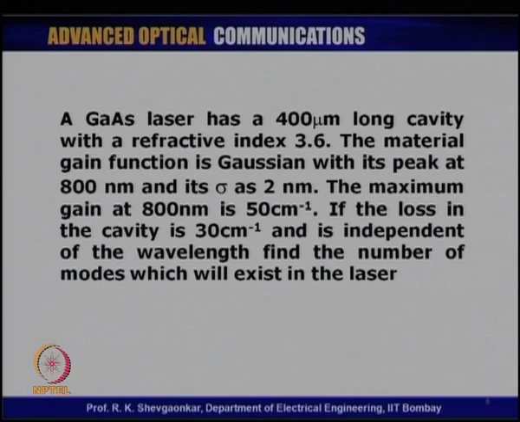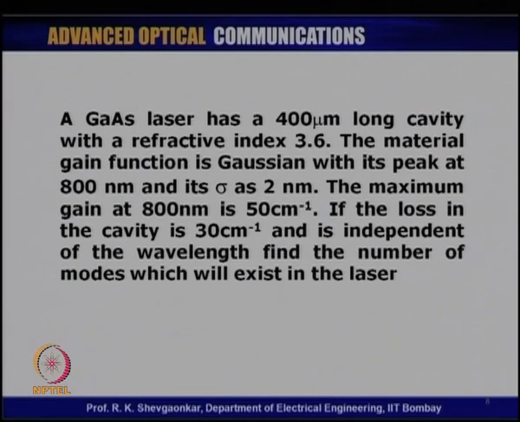So, the problem is a gallium arsenide laser has a 400 micrometer long cavity with a refractive index of 3.6. The material gain function is Gaussian with its peak at 800 nanometer, and its sigma of the Gaussian function is 2 nanometer. The maximum gain at 800 nanometer is 50 per centimeter.